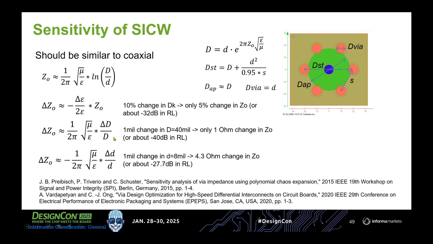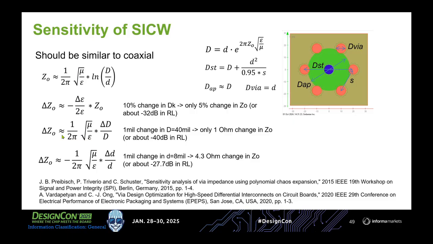The most sensitive part is sensitivity to diameter of via. And that's why you saw those whiskers, and that's what basically adds a lot of capacitance to the via. So you have to basically design it slightly inductive.